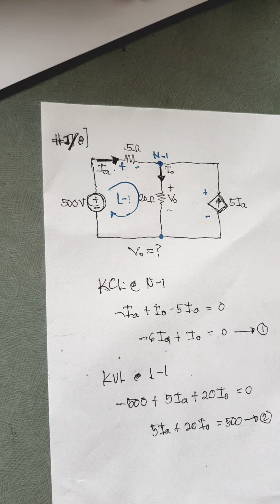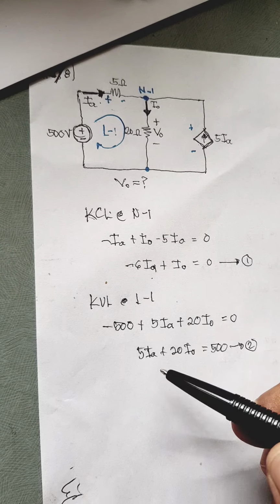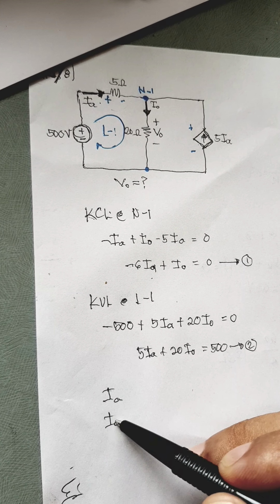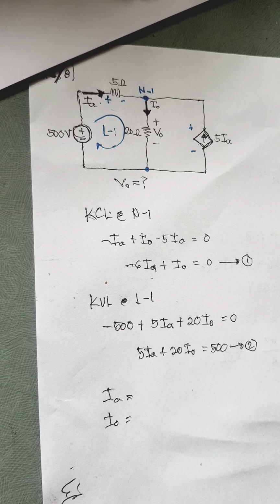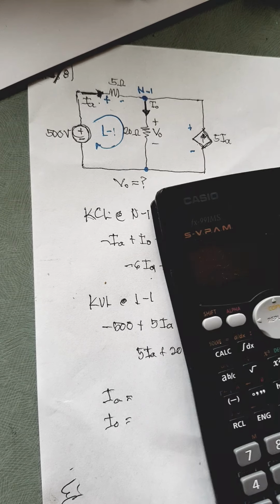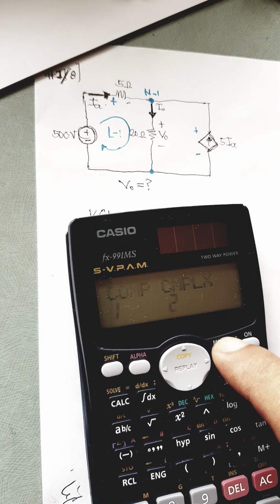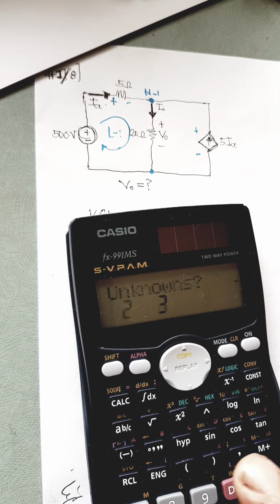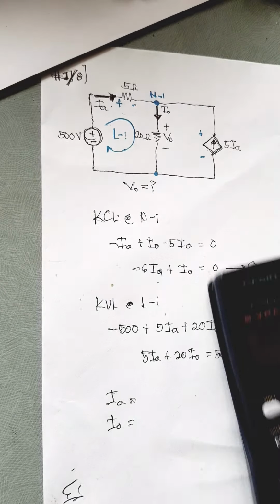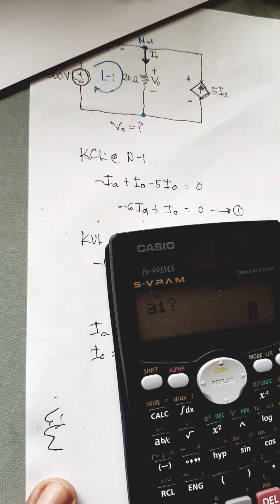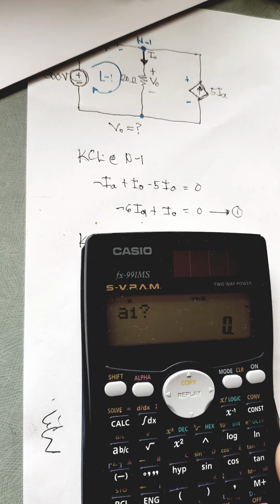Since we have two equations and two unknowns, we can now get the values of IA and IO using the equation mode on your calculator. So mode, let's go to equation, then two unknowns because we have only two unknowns. The coefficient A1 is negative 6.